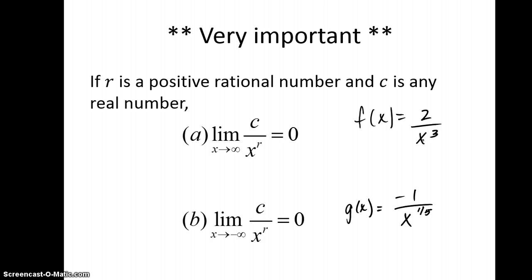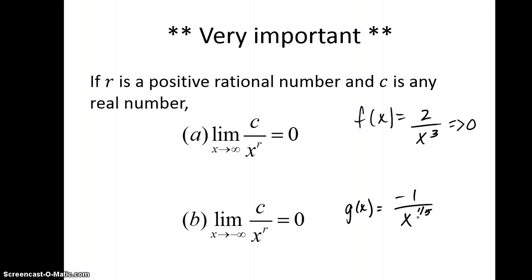As x gets bigger and bigger, my denominator is just going to grow. So 2 divided by a huge number is just going to be smaller and smaller. Okay? Even down here, I can approach negative infinity on this graph.